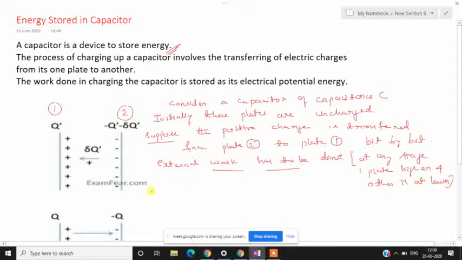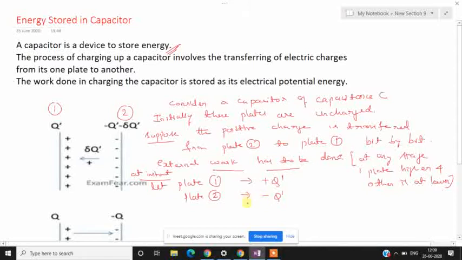Now, when you're doing like that, at some instant plate 1 will have a charge, let me call it plus q dash, and plate 2 will have a charge minus q dash.